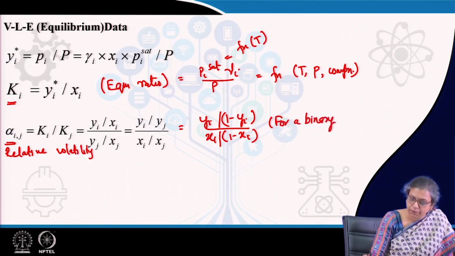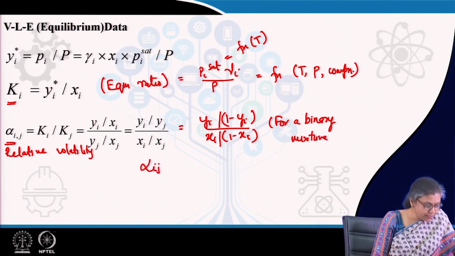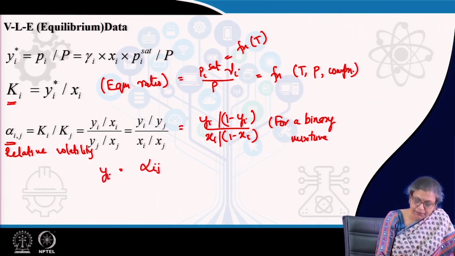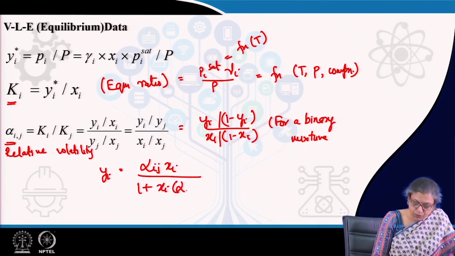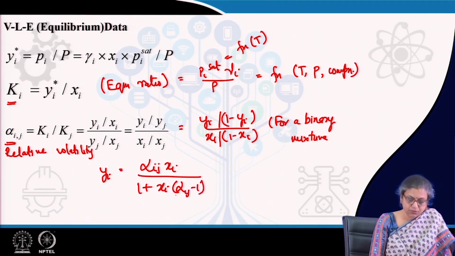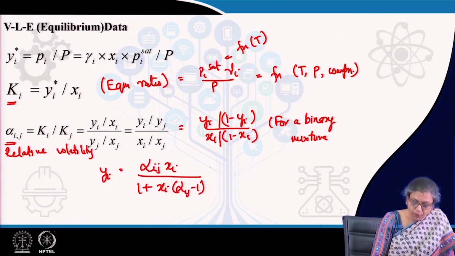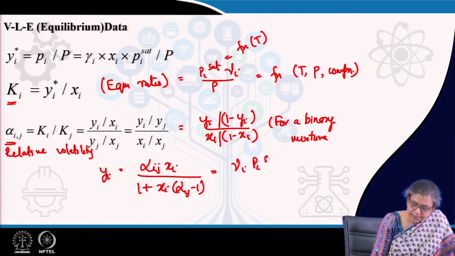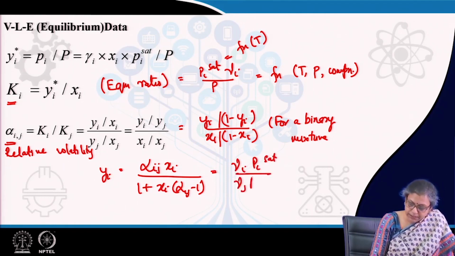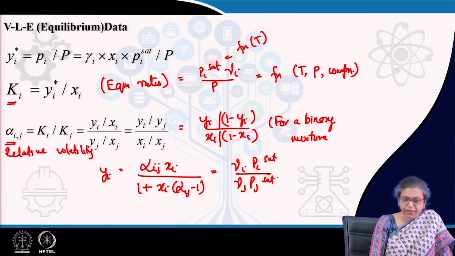Therefore, for a binary mixture, once alpha_ij is known and you know your x_i, you can find y_i by substituting as I have shown. For any x_i you can find y_i once alpha is known by using this particular formula, where alpha corresponds to gamma_i P_i^sat by gamma_j P_j saturated, right.